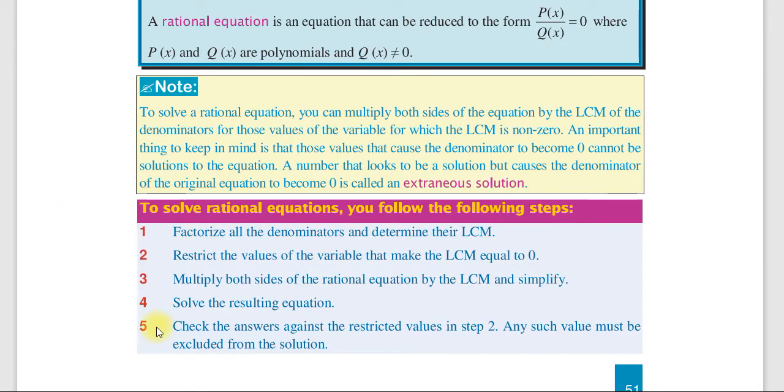And to solve a rational equation you follow the following steps. Almost there are 5 steps. The first one is factorize all the denominators and determine their LCM. Okay, factorize እናደርጋለን LCM እንፈልጋለን። Number 2, restrict the values of the variable that make the LCM equal to 0. Okay, LCM ማችንን 0 ሊያመጣ የሚችለውን value restrict እናደርጋለን። Number 3, multiply both sides of the rational equation by the LCM and simplify.